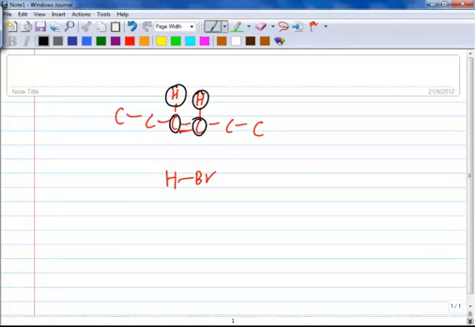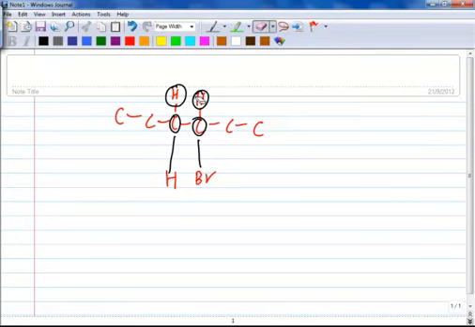Both have the same number. It doesn't matter where I add the H. So I will just add the H to this carbon. Of course, remember to take away one bond because I break it. And then, is it okay? So based on this, which carbon is chiral? Which carbon is chiral?